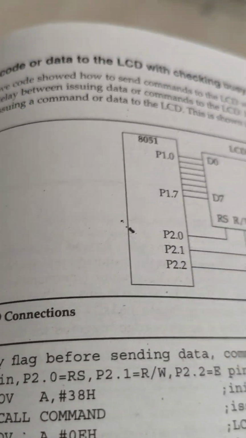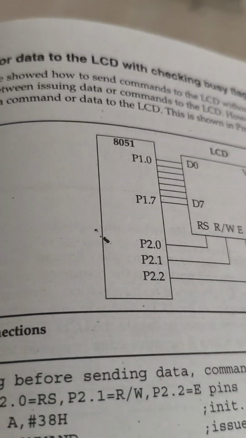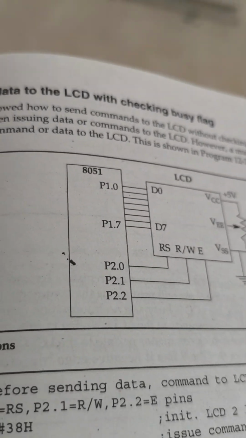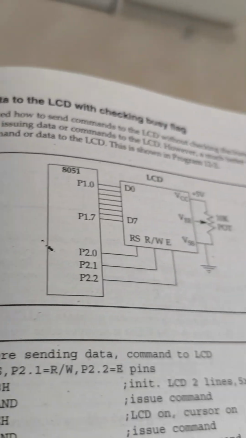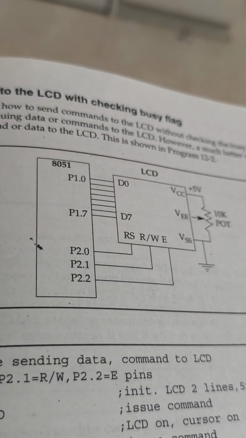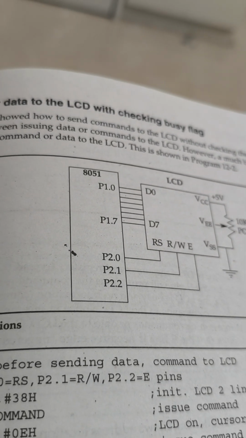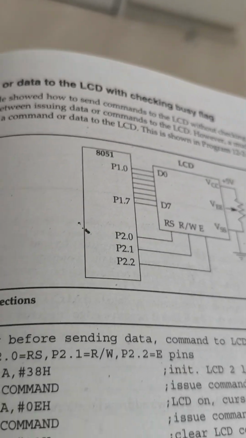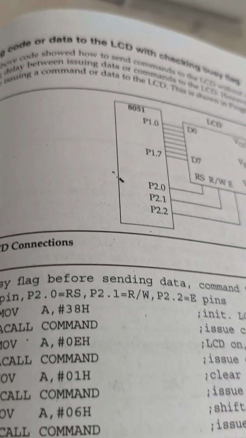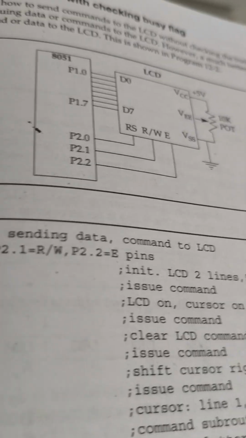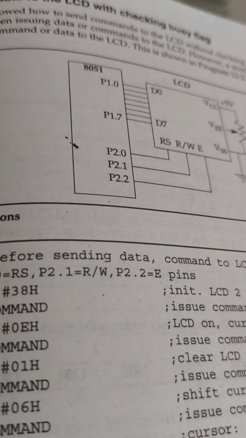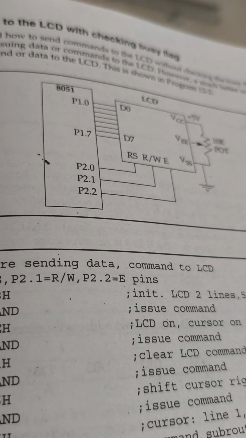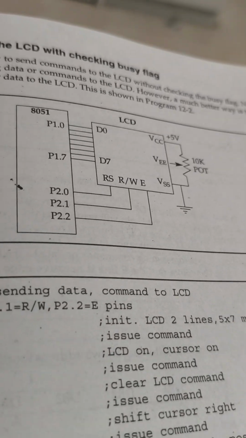Whatever message we want to display on the LCD will be displayed from this. We connect the P1.0 pin to D0 of the LCD, P1.1 to D1, P1.2 to D2, like this we make the connections. And P2.0 we connect to the RS pin of the LCD, P2.1 we connect to the read/write pin of the LCD. Like this some pins are there.